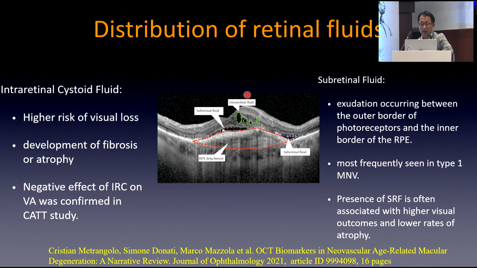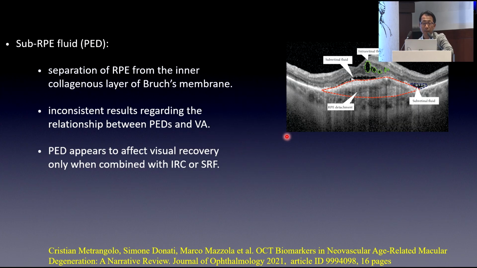Here you can see this intraretinal fluid, which is usually a poor prognostic sign, and subretinal fluid, and this sub-RPE fluid in this area.